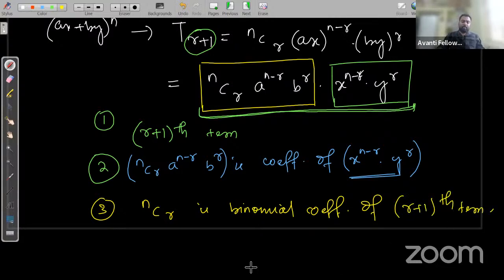Understood or not? Remember, this is my binomial coefficient, and this yellow boxed constant is my coefficient of the r plus 1th term, and totally we can say this is my r plus 1th term of the expansion.